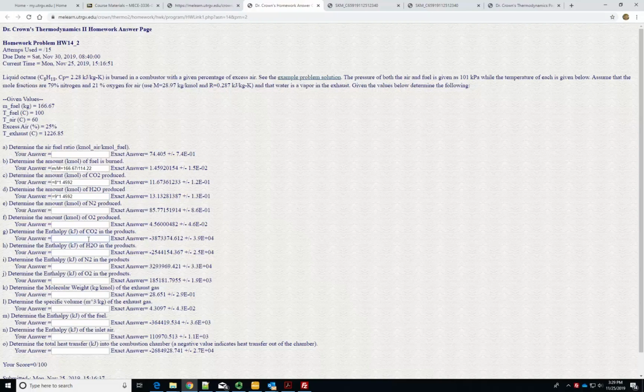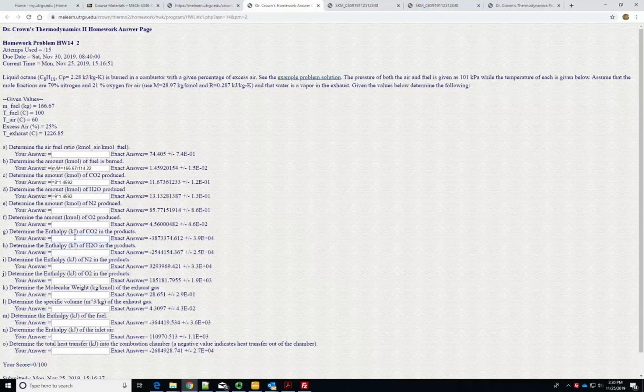Then finally, when we get to the enthalpies of CO2, we need to find the enthalpy of CO2 at 1226.85 degrees, and then we would multiply that times the moles of CO2 that we have, or times 8 times 1.4592. Let's go look at how we would find that.